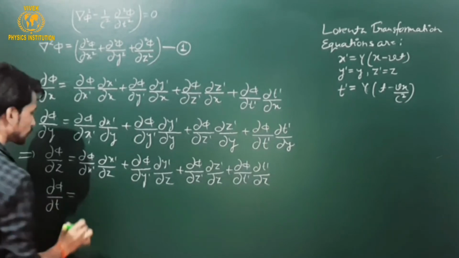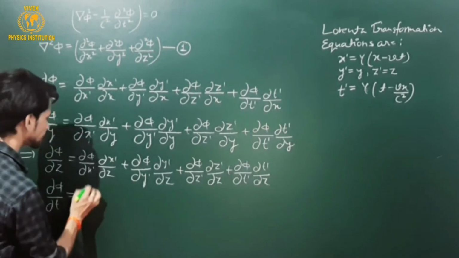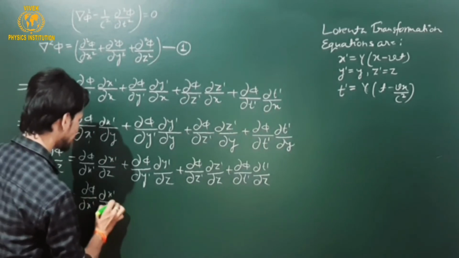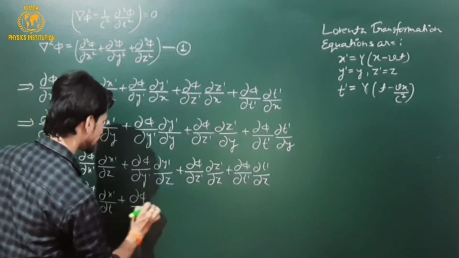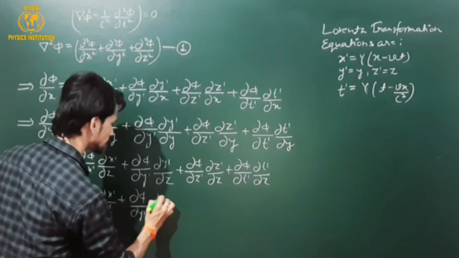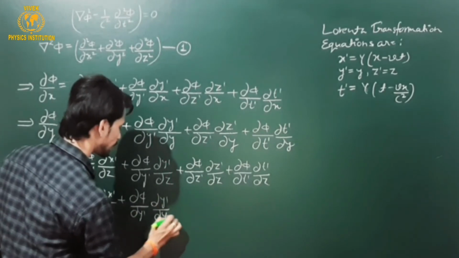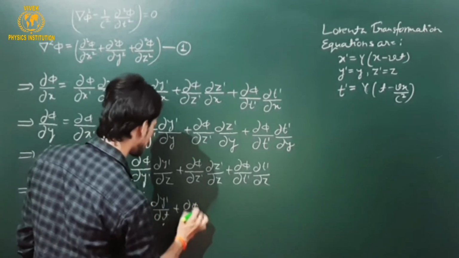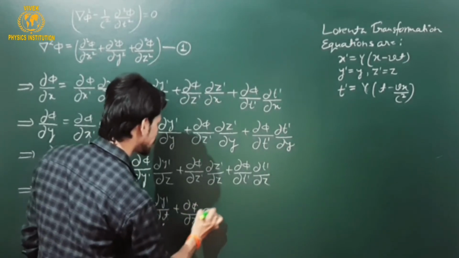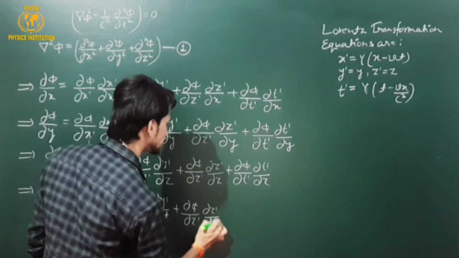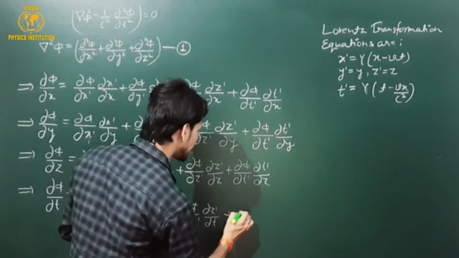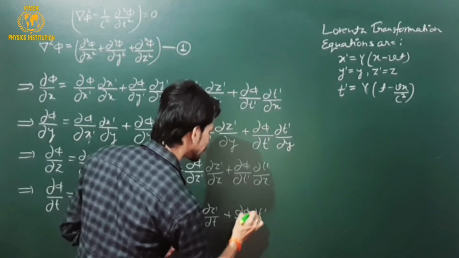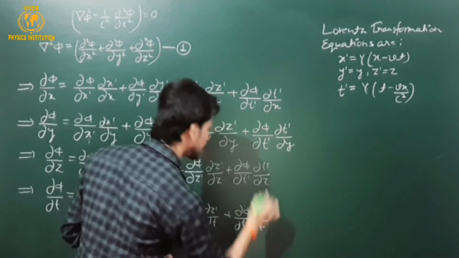The chain rule for this will be the same: del phi over del x dash over del t, del phi over del y dash over del t, plus del phi over del z dash upon del t, and the last one is del phi over del t dash upon del t.